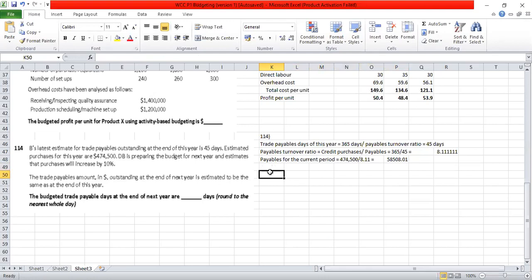But the question is asking about the next period. So let's work out the next period details. Current purchases are 474,500, but they are expected to increase by 10%.